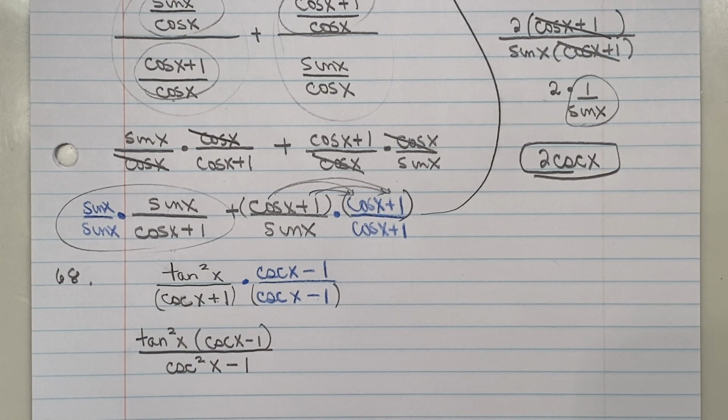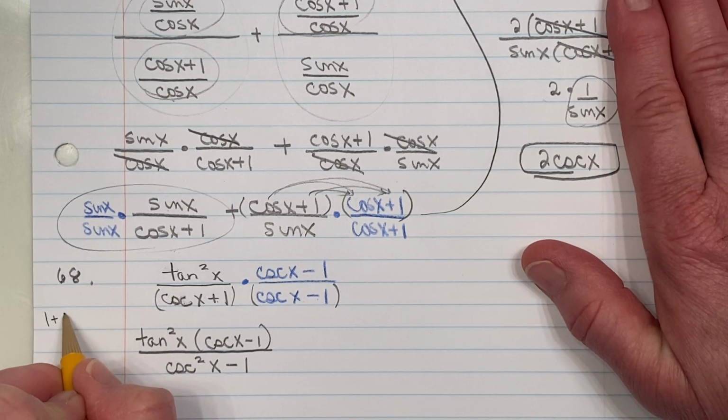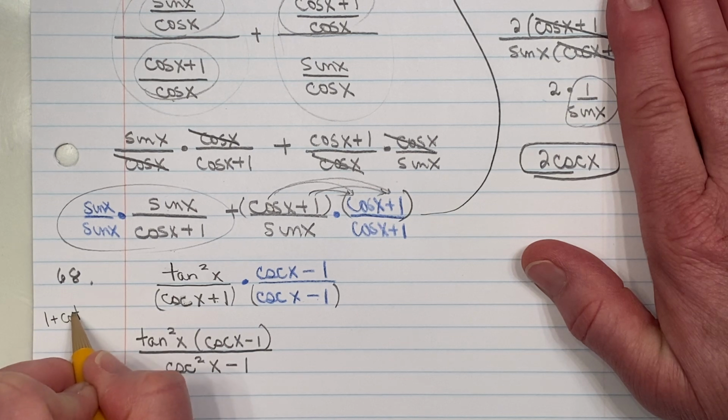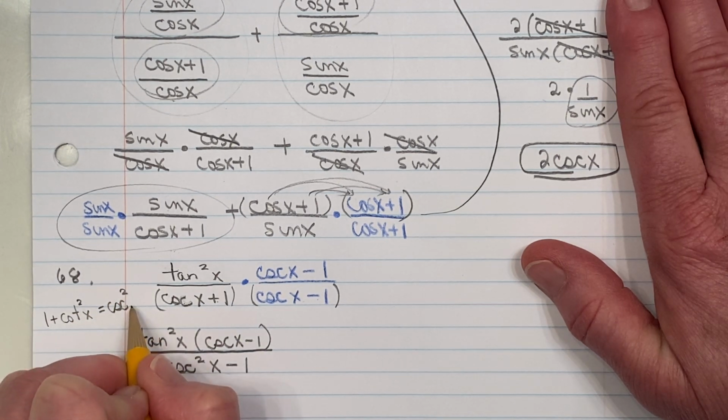All right, so what should I do next? Well, I don't want to factor the denominator because it's going to get me back up here. I want you to think about your Pythagorean properties. Okay, hopefully you can see this. 1 plus cotangent squared x equals cosecant squared x.